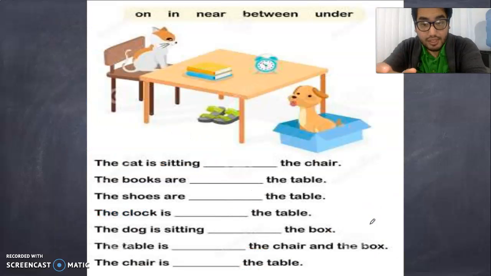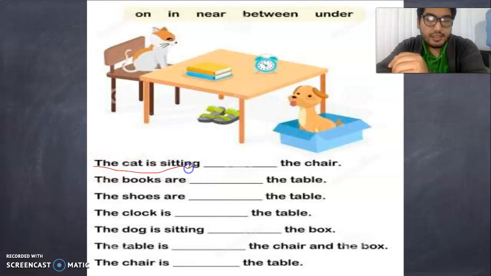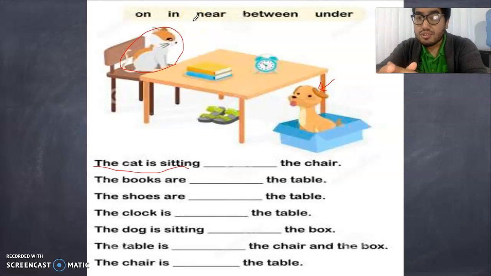Let's see if we can enter these exercises. The cat is sitting. Where is the cat? Is this the cat? No, this is not the cat. The cat is this one. The cat is sitting in what? What preposition are we going to use? Between? The cat is not between the chair.